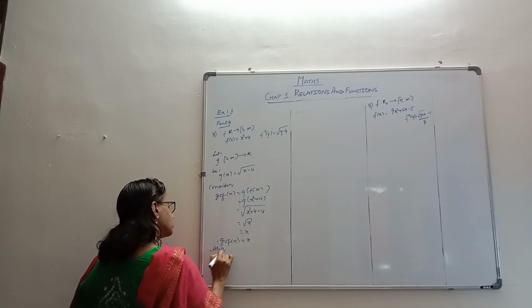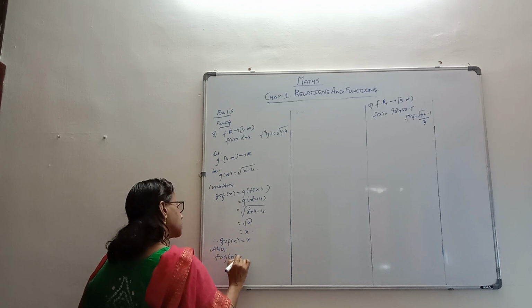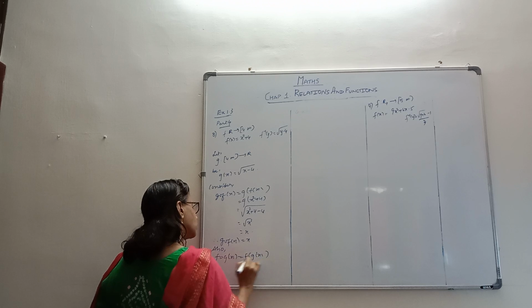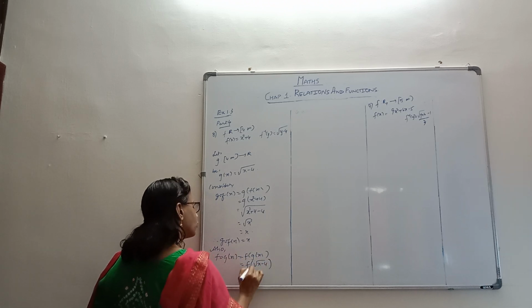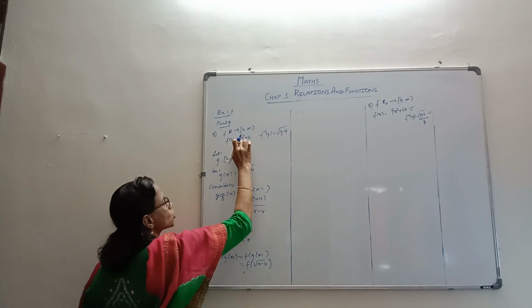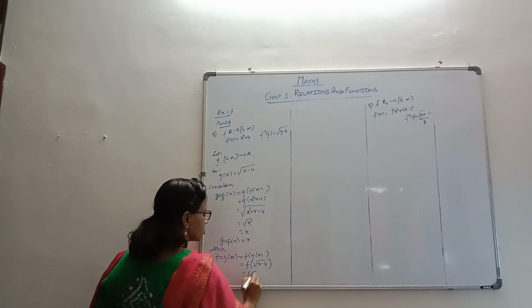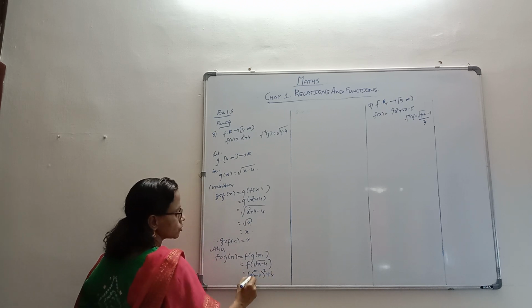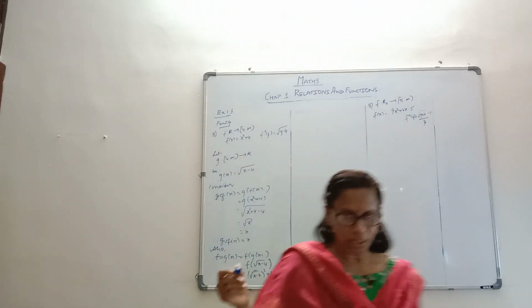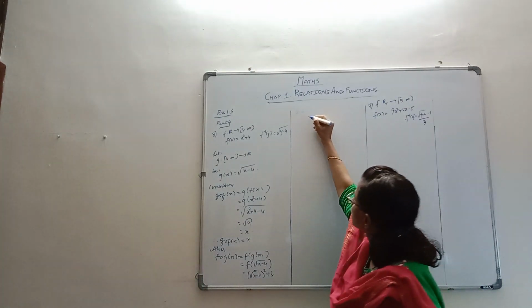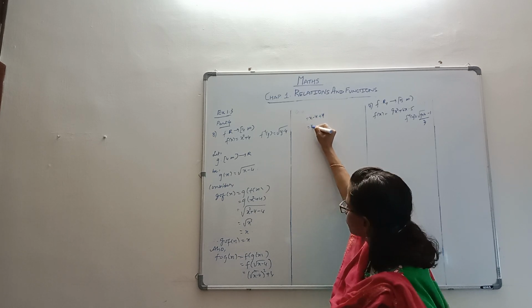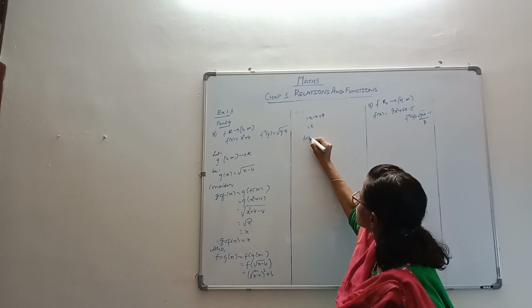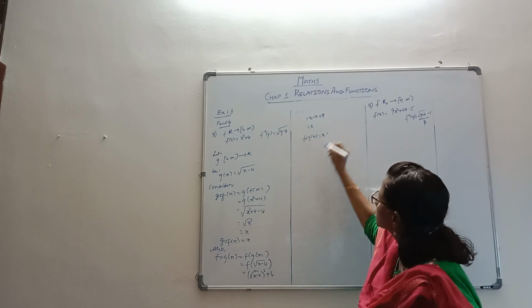Also, if we consider f of g at x, g at x is root of x minus 4, so f of the value is the square of it plus 4. That's how we define f. So square and root, because they are opposite operations, will nullify each other and we'll be getting x minus 4 plus 4. That can cancel each other, you're left with x. Therefore f of g at x is x.